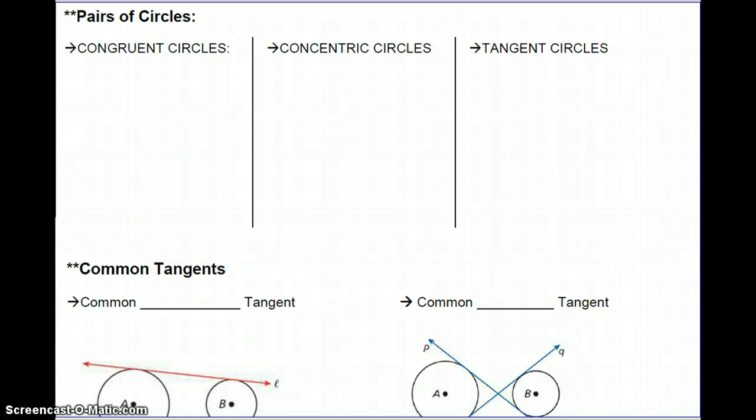We also have pairs of circles, so relationships with pairs of circles. Circles are congruent when their radii are congruent.